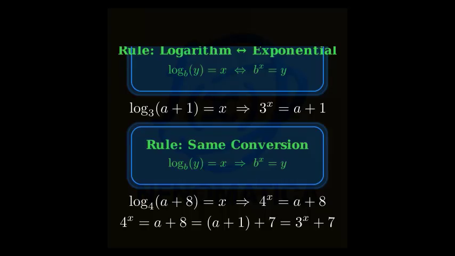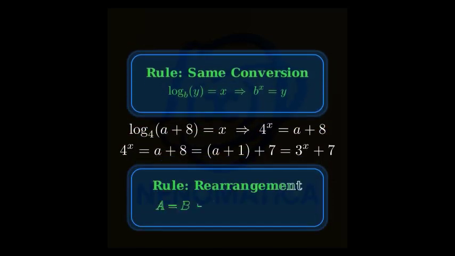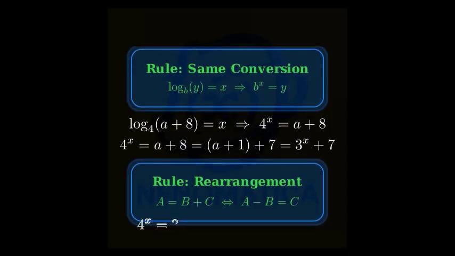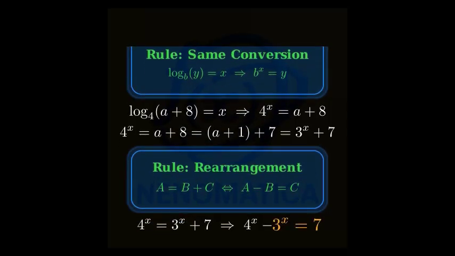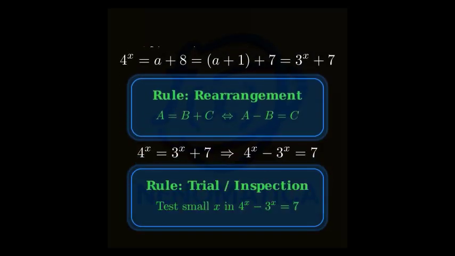Step 3. Move the term 3 to the x to the left side to isolate the constant on the right. We subtract equal quantities from both sides. This yields the equation 4 to the x minus 3 to the x equals 7. Step 4. Solve the exponential equation by inspection of small integers. We try integer values for x.